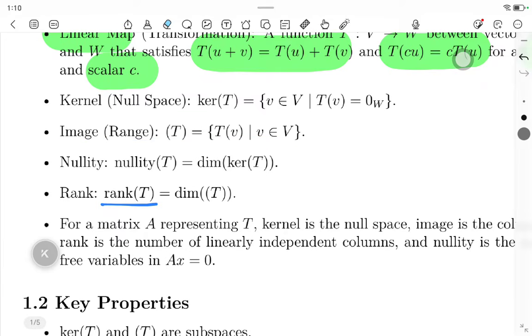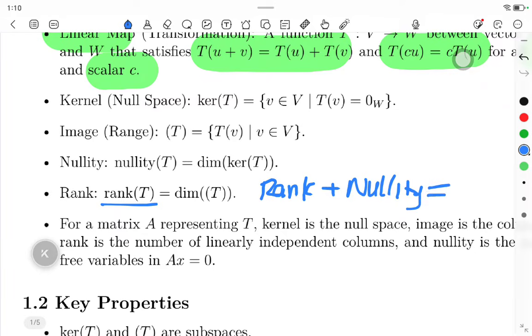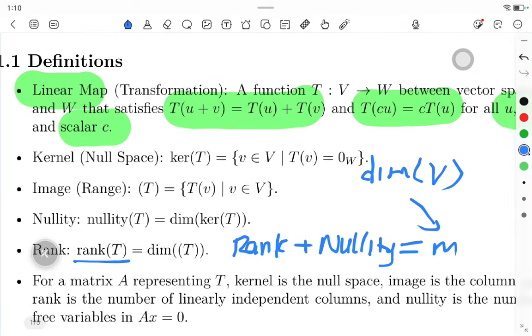We're going to familiarize ourselves with this formula. We know that rank plus nullity will be equal to, let's say, M, given that this is the dimension of V. Or we call that N, it's up to us.